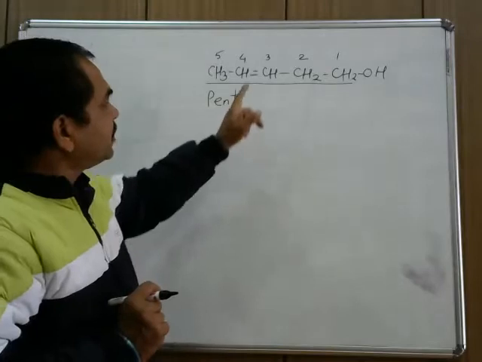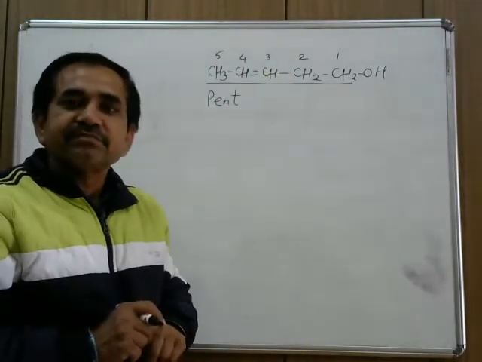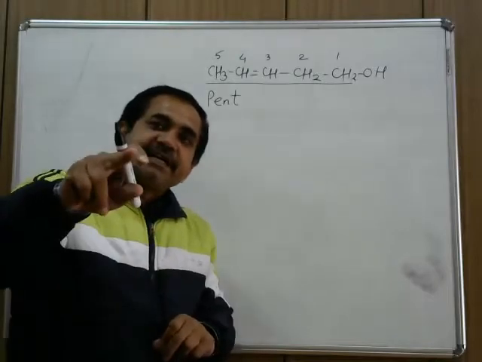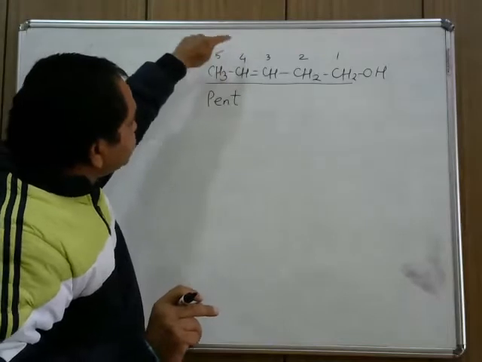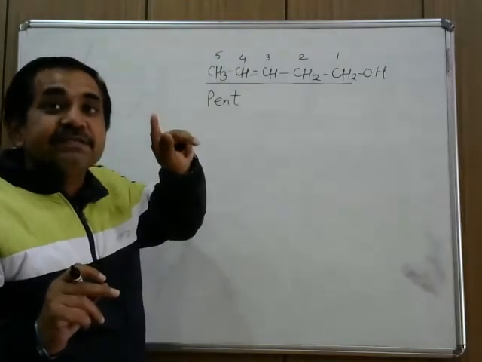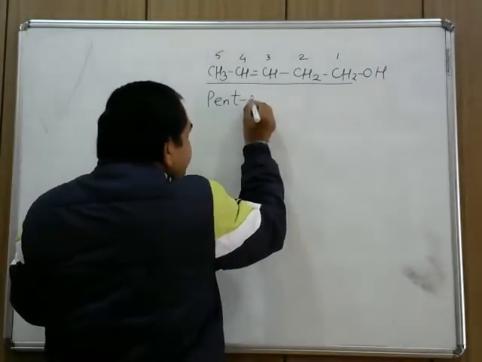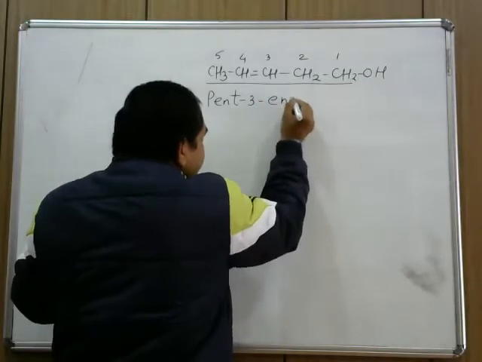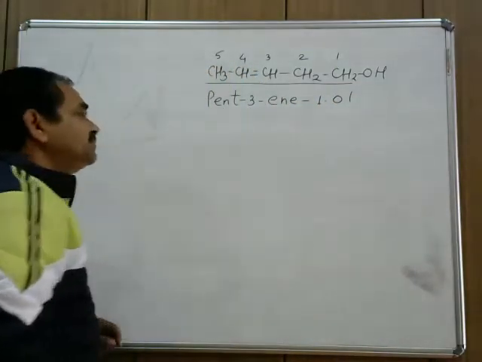If this double bond was present between this 2nd and 3rd carbon, then the position would have been taken as 2. If the double bond was present between this fourth and fifth carbon, then the position of the double bond is taken as 4. So pent-3-en-1-ol.